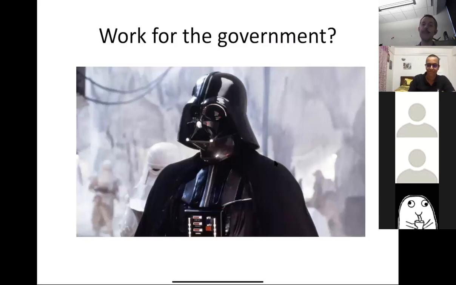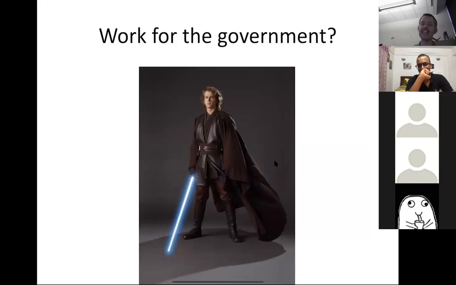And so some people think that working for a government, be it the government of the US or the government of China or the government of India or the government of some other country, is like this. But we like to think that it's like this. And that's a very self-serving way of looking at things. But it's more or less the case that people can make different ethical arguments for the same choice. But we still think you should consider ethics and consider what is ethical when you make these kinds of decisions.